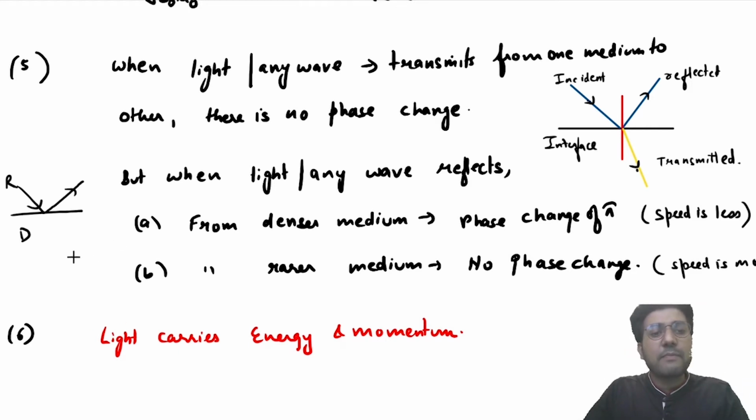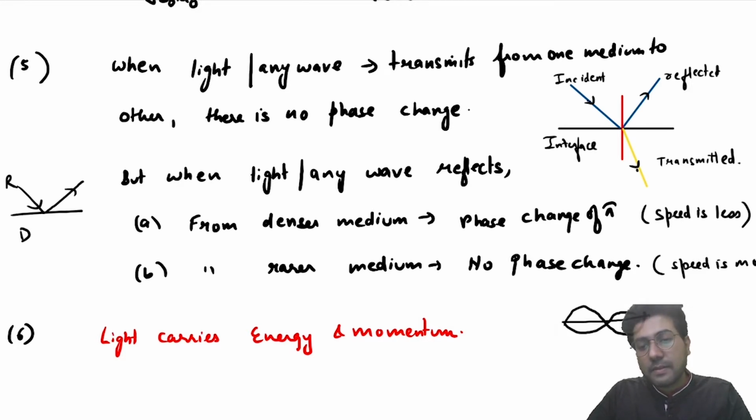Now what do you mean by pi phase change? See, I'll draw here. Pi phase change means, suppose this is a wave, and this is one more wave, like this I have drawn. Here you will see that there is a phase change of pi between this wave and this wave. So phase change of pi means when one is at the maximum, the other is at the minimum.